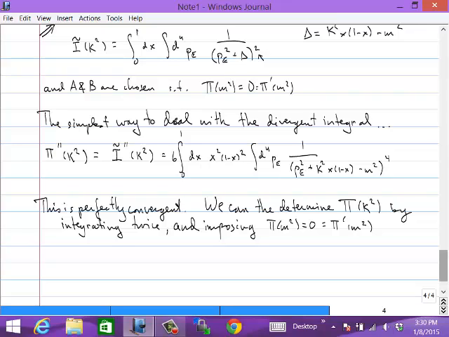And one thing that's sort of cute about this approach is that it never required us to compute A and B explicitly. All we did was use the physical conditions on pi, when k squared equals m squared, and then determine pi by integrating a convergent integral.